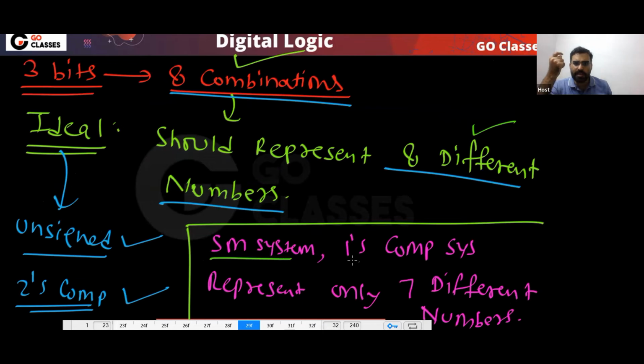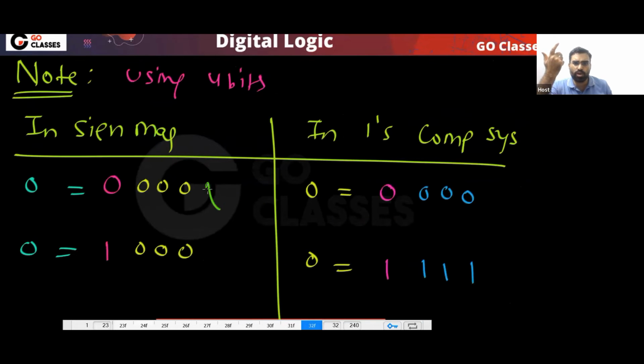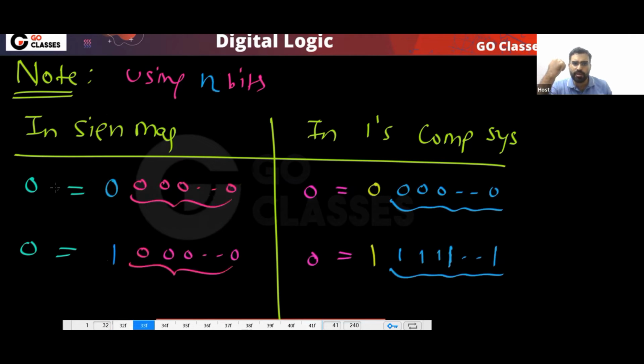But sign magnitude and 1's complement system represent only 7 different numbers. The reason is that for 0 they have 2 representations. In sign magnitude for 0, these are the 2 representations, and in 1's complement for 0, these are the 2 representations.